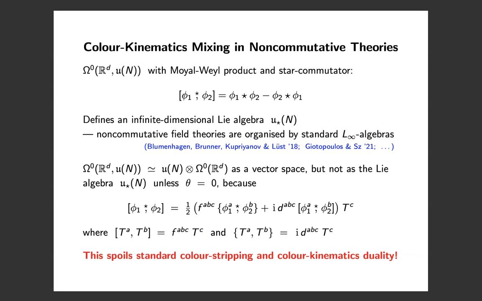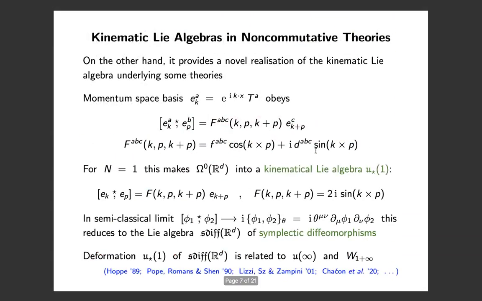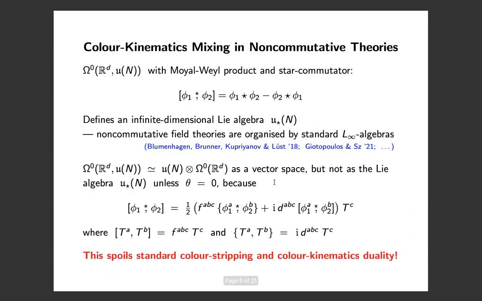If you expand your fields in a basis, let's call it T_A, of the Lie algebra u(n), and you compute this star commutator, you find that there are two contributions. One involves the structure constants of u(n), but then there's another combination that involves these symmetric structure constants coming from anti-commutators.